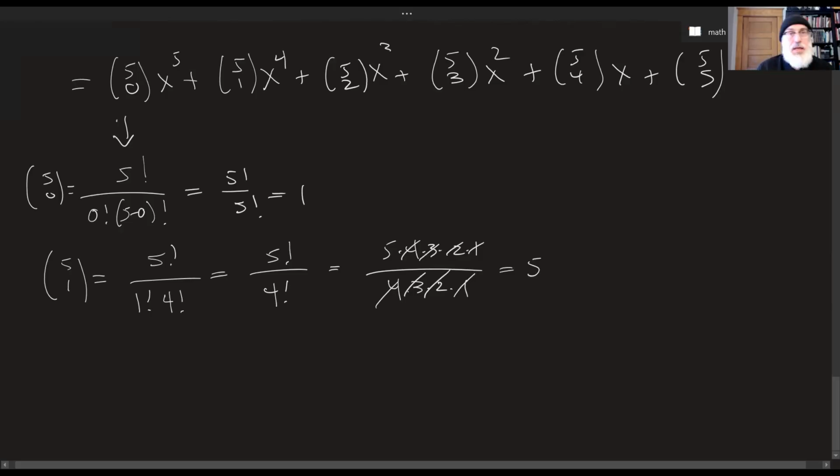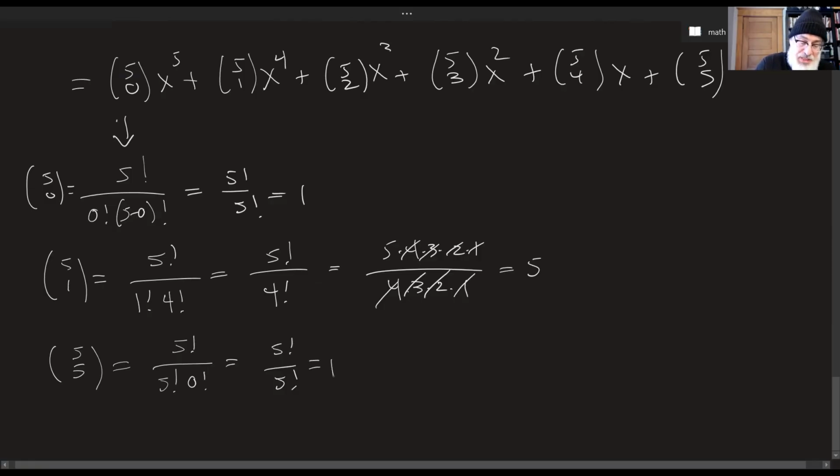Again, this is not looking like it's easier, but bear with it. Let's look at what 5 choose 5 is. 5 choose 5 is going to be 5 factorial over 5 factorial times 5 minus 5, which is 0 factorial, and that's just 5 factorial over 5 factorial, which is 1.